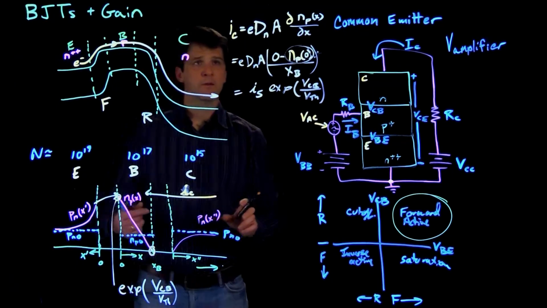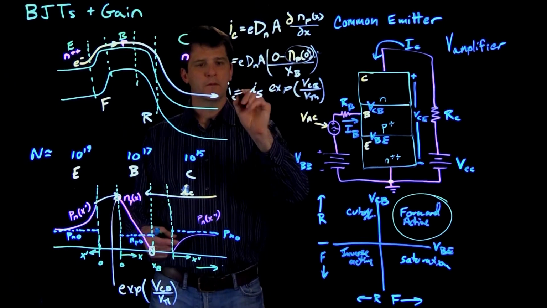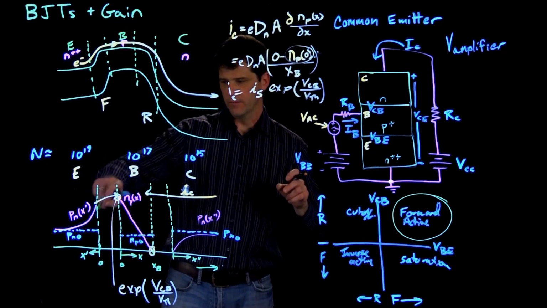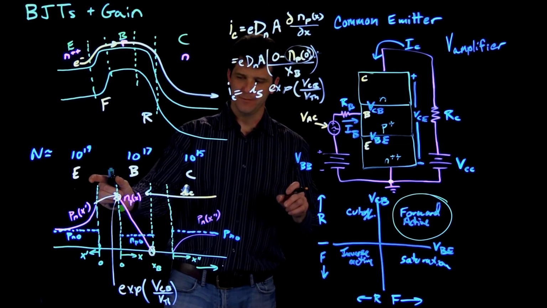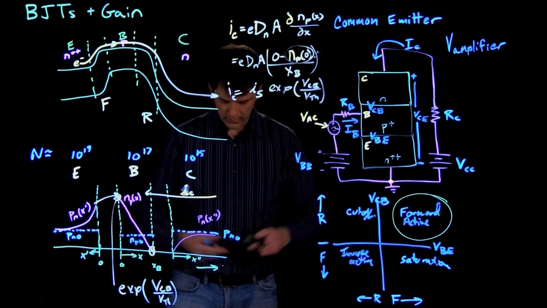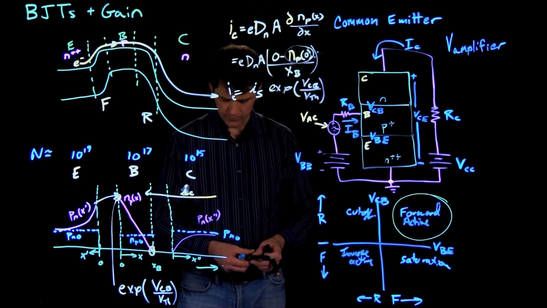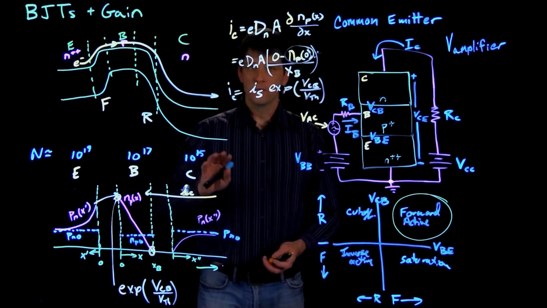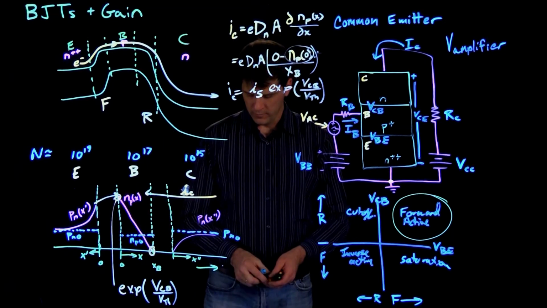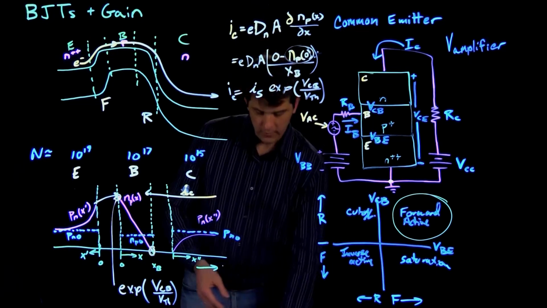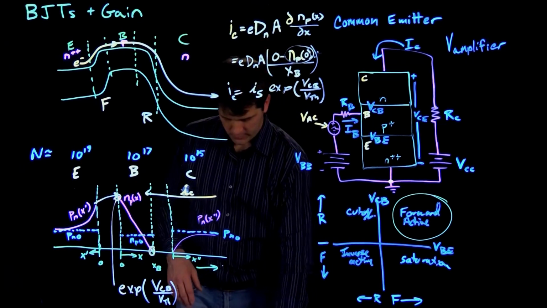And interestingly, what it shows is that the current in the collector is dependent on the current flowing through this junction also. And that's where we're going to get our gain factors. So let's erase this part, and then we'll look at some definitions of the gain factors alpha and beta next.